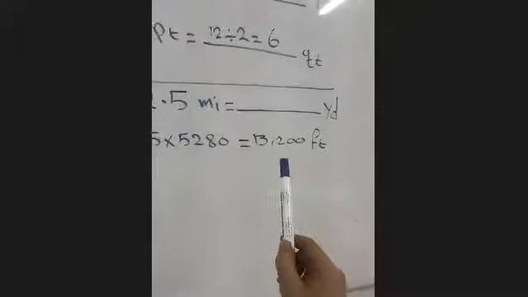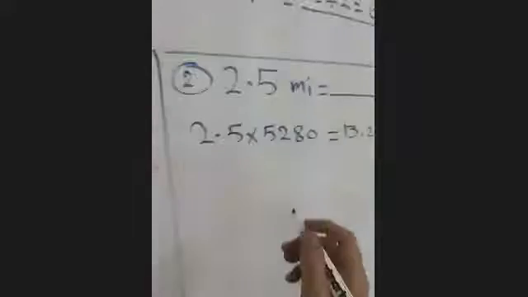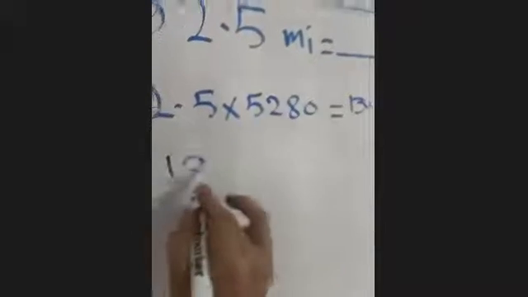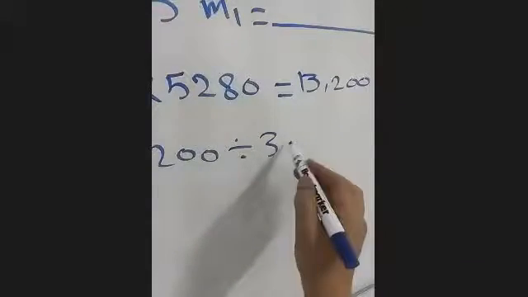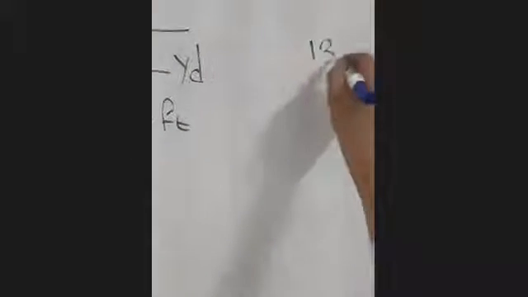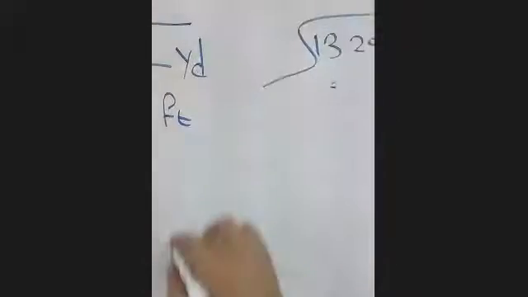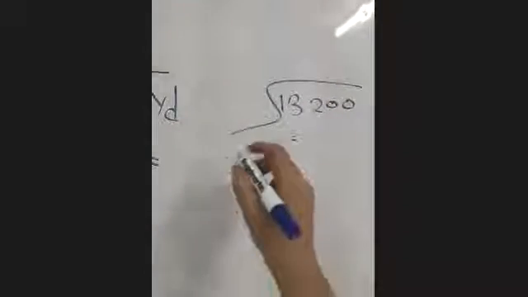So I will turn this number into yards by dividing by 3. So I will divide 13,200 by 3. I will make a long division.